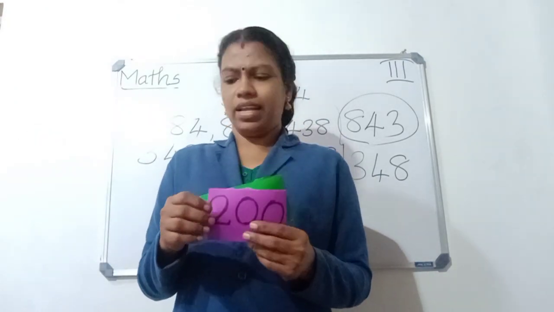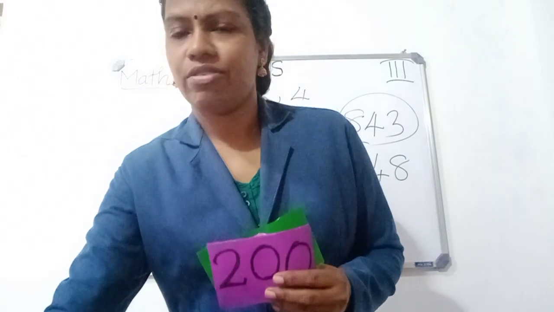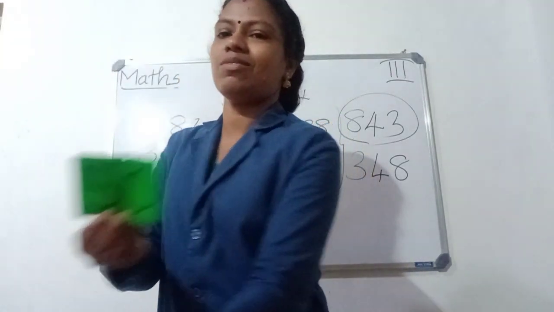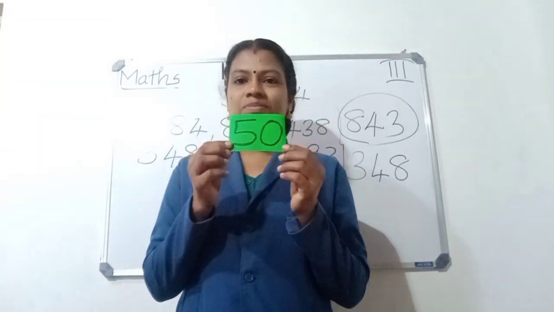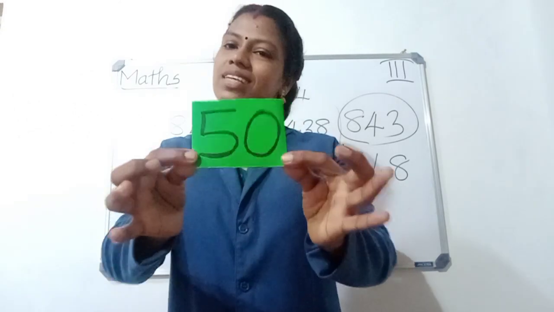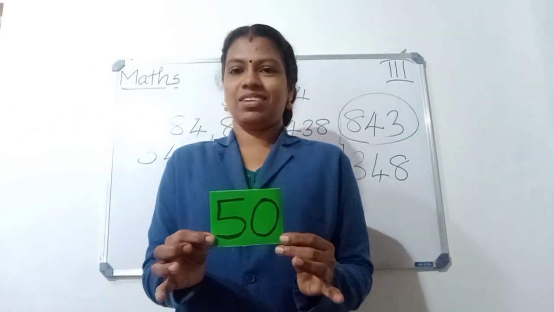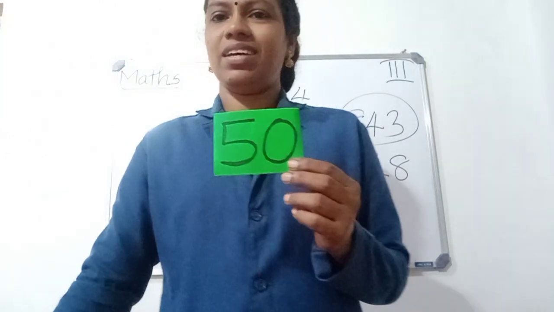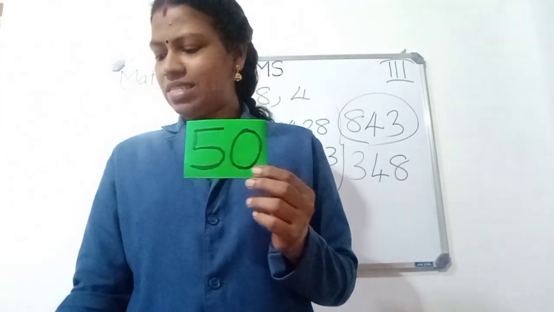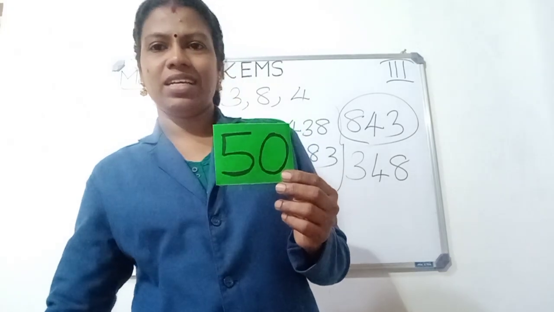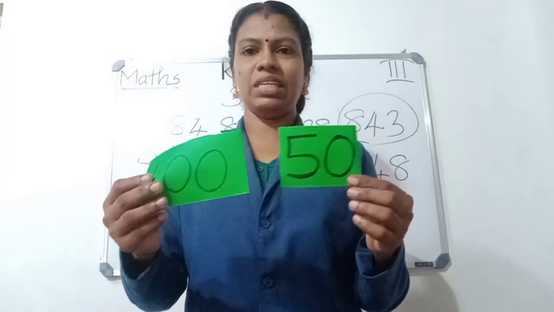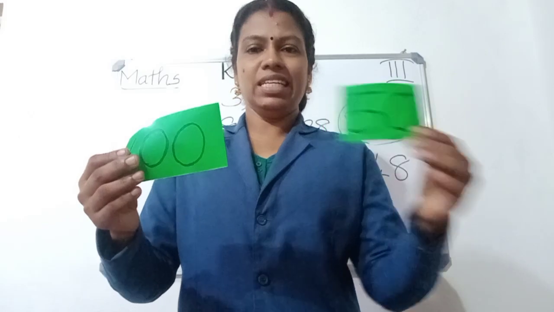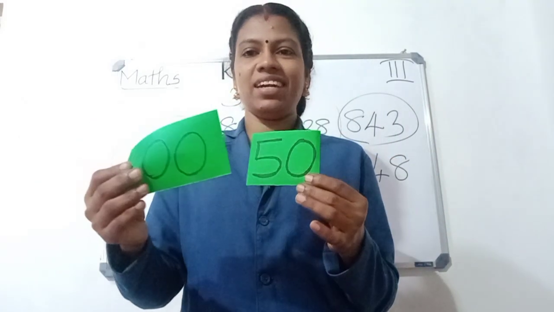Okay. Then, what is this? What's the number? Yes, this is just 50. Compared to 100, what is 50? Is there any connection in these two numbers, 50 and 100?